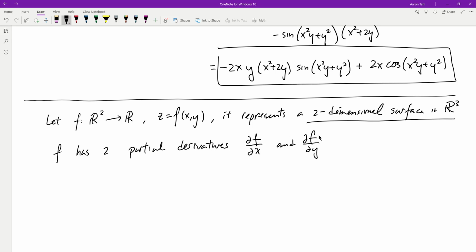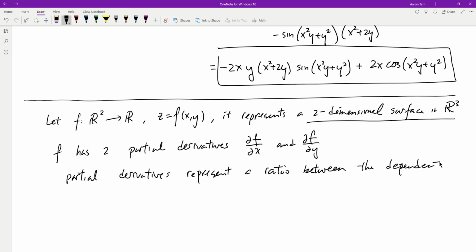And therefore, it suggests that partial derivatives represent a ratio between the dependent variable changing over one of the independent variables changing.